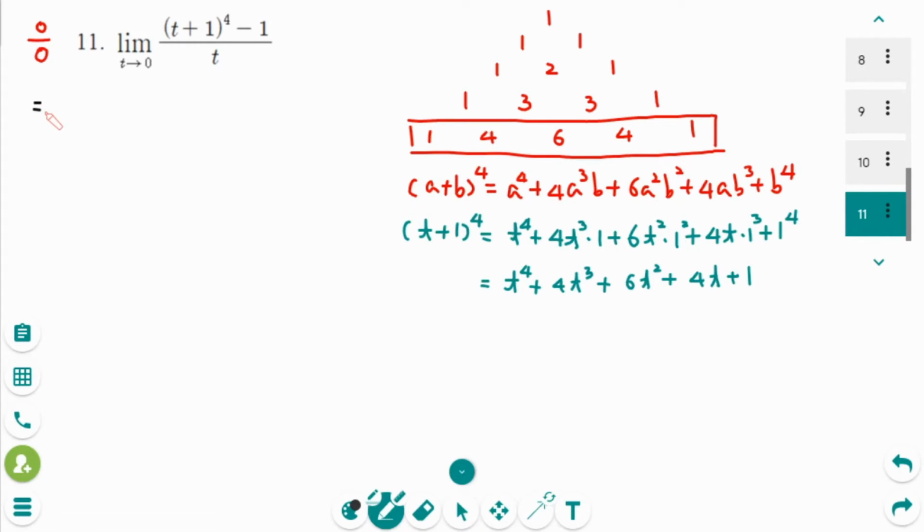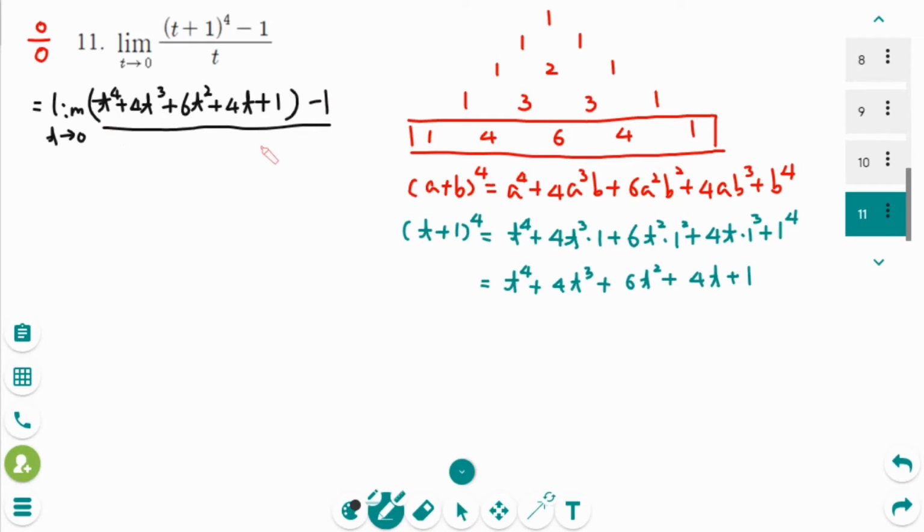Now the limit becomes t to the power of 4 plus 4t cubed plus 6t squared plus 4t plus 1 minus 1 over t. You can cancel the ones.